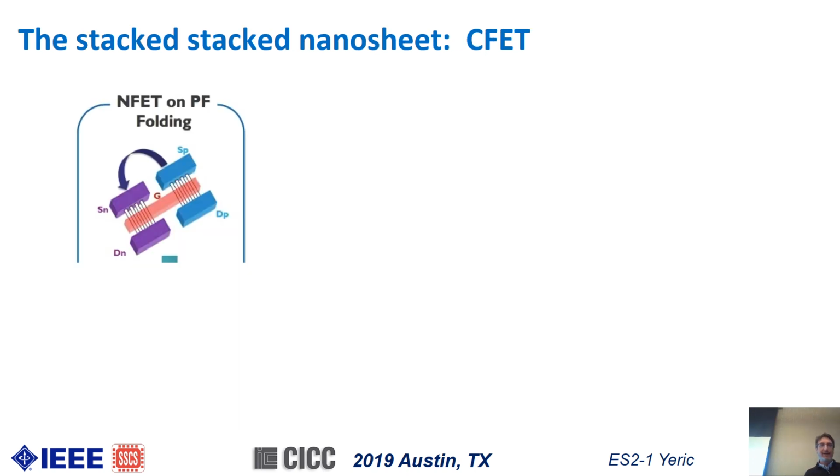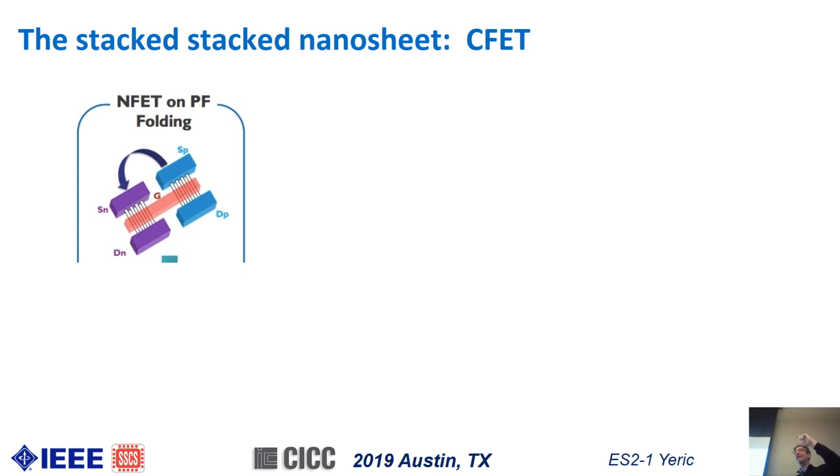Currently, the thinking is that what we're going to do is take, this is an inverter, so you've got some nanowires that are making an NFET, some nanowires that are making a PFET, and since you can already make suspended nanowires, and I glossed over this on the previous slide, in order to compete with the drive current of a tall fin, you need to stack at least 2 or 3 nanowires on top of each other to get the drive current to match.